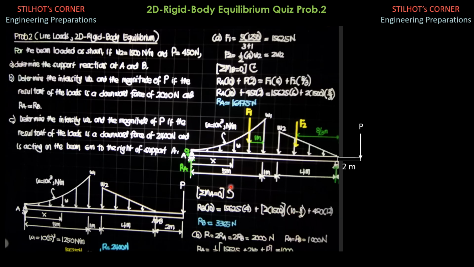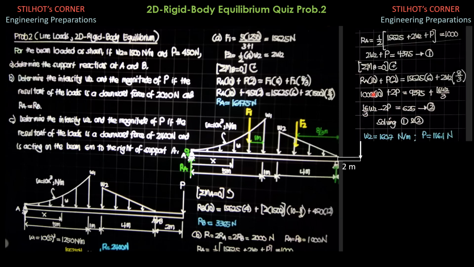Then for part B, determine the intensity W2 and the magnitude P if the resultant of the loads is a downward force of 2000 newtons and the reactions RA equals RB. So the resultant is downward 2000 and it is equal to 2RA equals 2RB because RA and RB are equal as given in this condition. So RA equals RB equals 1000 newtons.